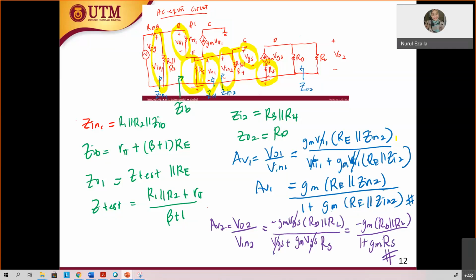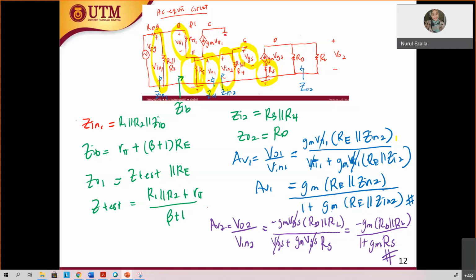Clear on the derivation? Very much clear, everyone? Very good. Why do I go slow? I go super slow today because I want you to get clearly the idea of what is going on here, especially the total voltage across here.